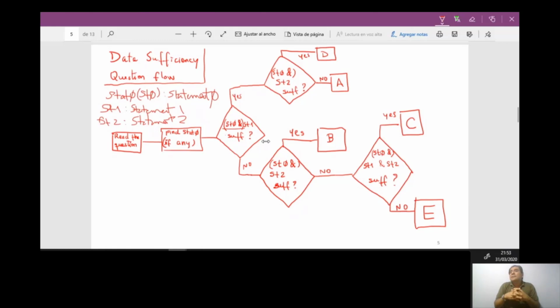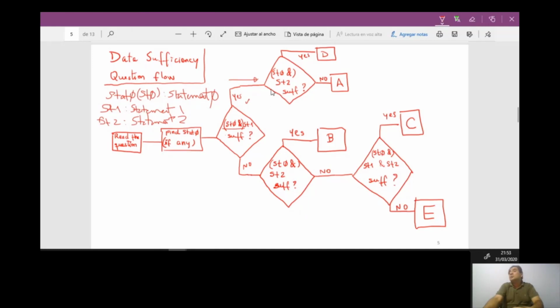Okay? Let's say that you find statement 1 sufficient. What should you do? Well, we are here, in the output of this decision flow. We proceed now to the second step.